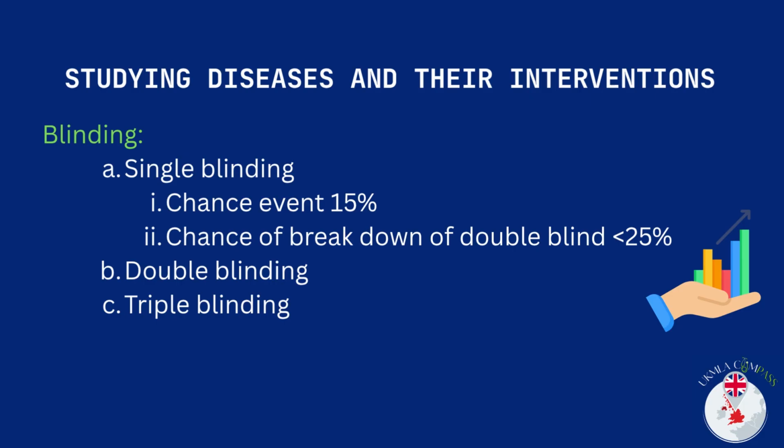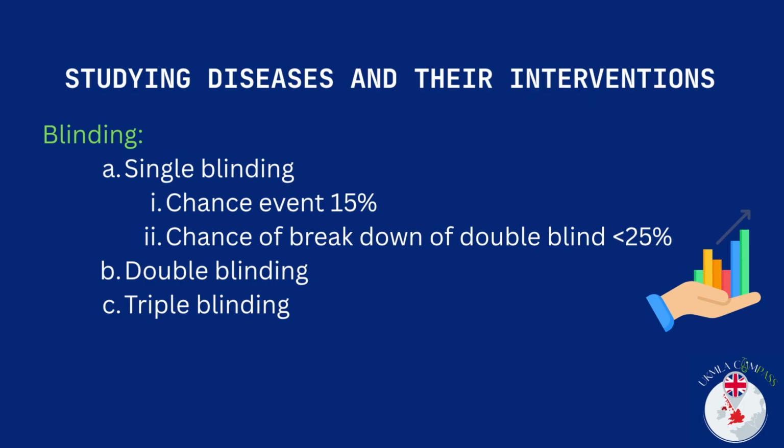And then third, we have the triple blinding, where we refrain from having a third party as a control group. No, we start having a computer-aided randomized trial, where the computer randomizes who takes the placebo and who takes the new drug and which doctor is assigned to whom.